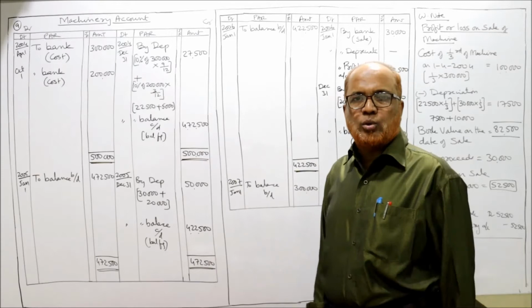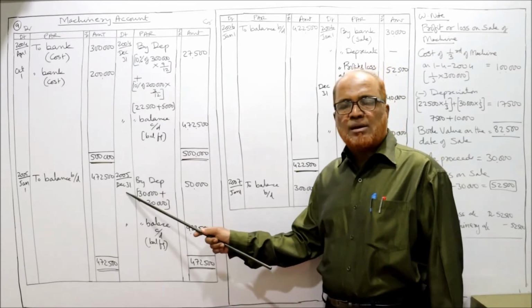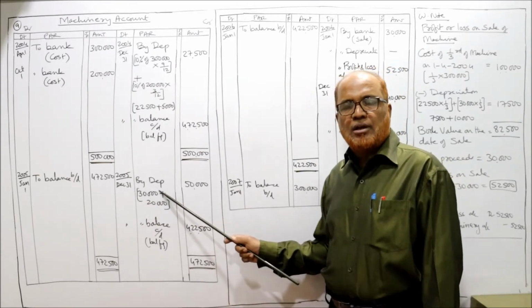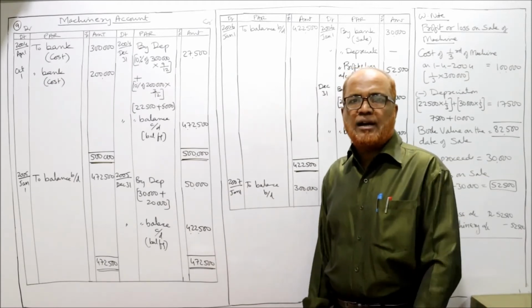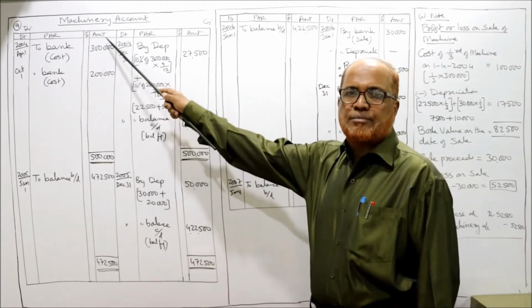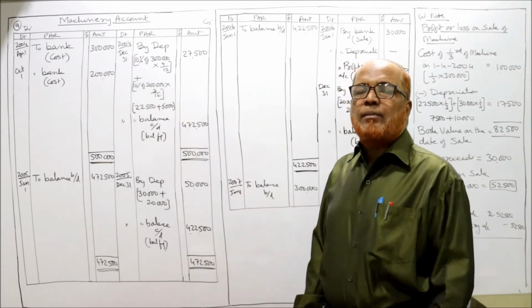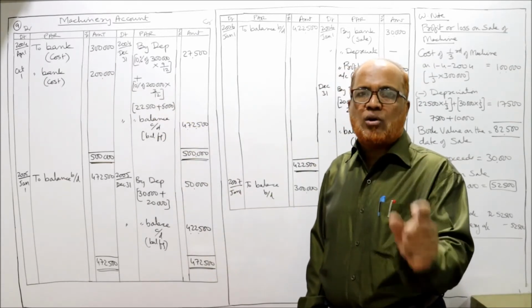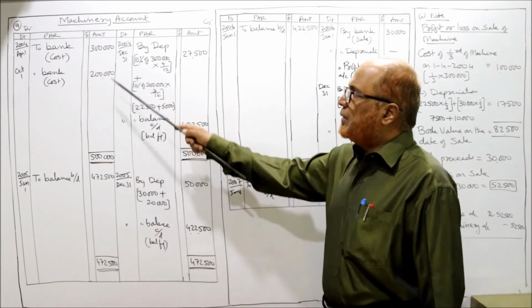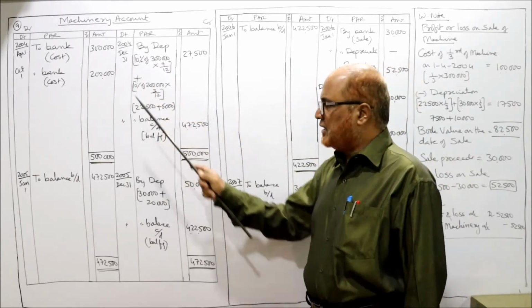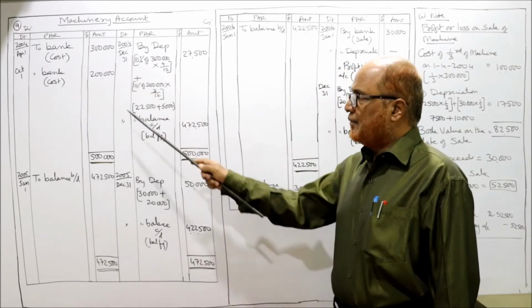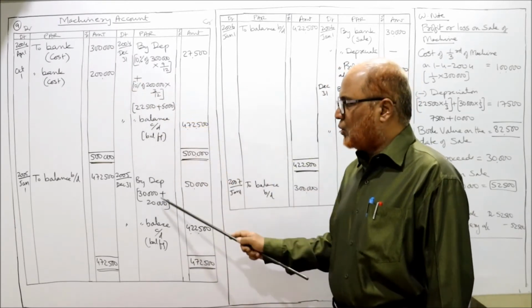So we close the year 2005. 2005 December 31st by depreciation. Now we have to calculate full year depreciation for both the machines. It is given in the problem, 10% on original cost method. So 10% of 3 lakh, 30,000. 10% of 2 lakhs, 20,000.